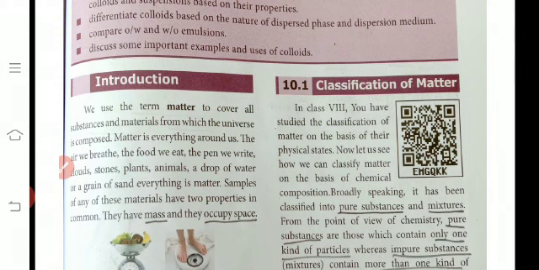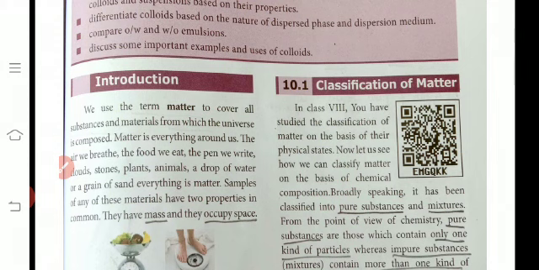Samples of any of these materials have two properties. What are the two properties? Mass and they occupy space. All materials have mass. For example, the food we eat, different types of food. For example, 1 kg of tomato rice.